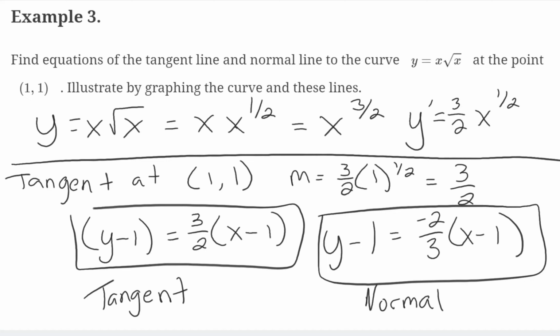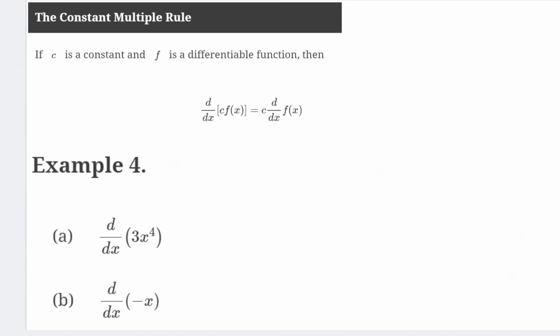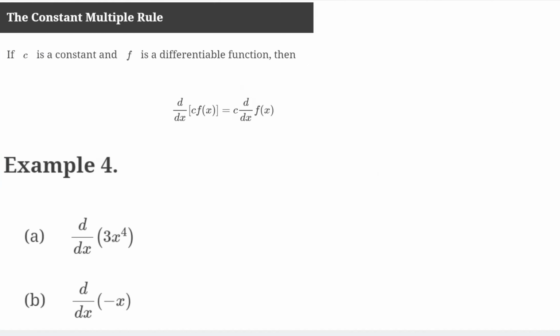All right. Any questions with that one? Next rule: the constant multiple rule. What this rule states is that the constant in front, the coefficient, you can pull out and just deal with the x to the 4, or the power rule.